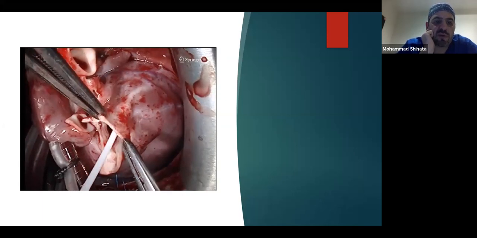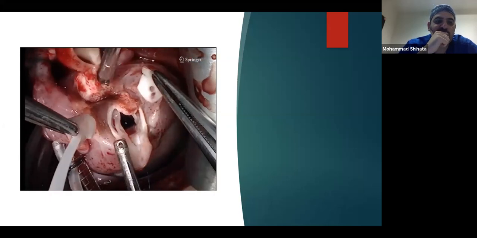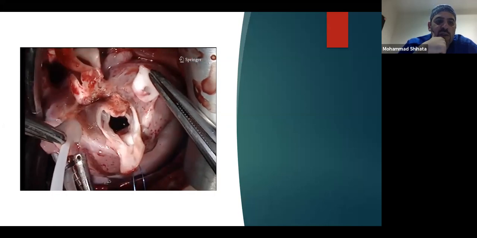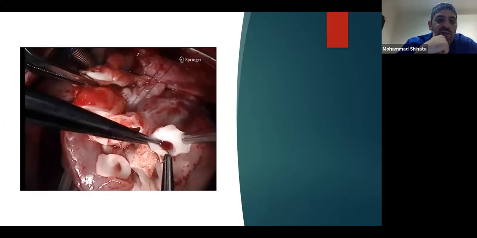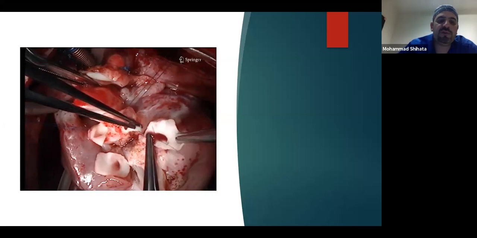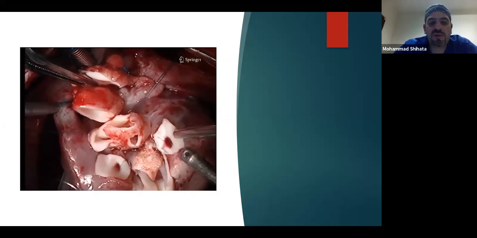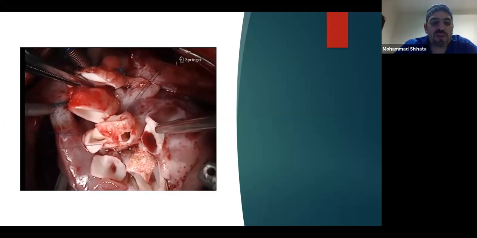We go all the way to the free margin of the root. If you look at the left button, it's really just a hole in the root. If you look on the right side, which will follow, it's a V-shaped incision or a J-shaped incision to create a trapdoor.